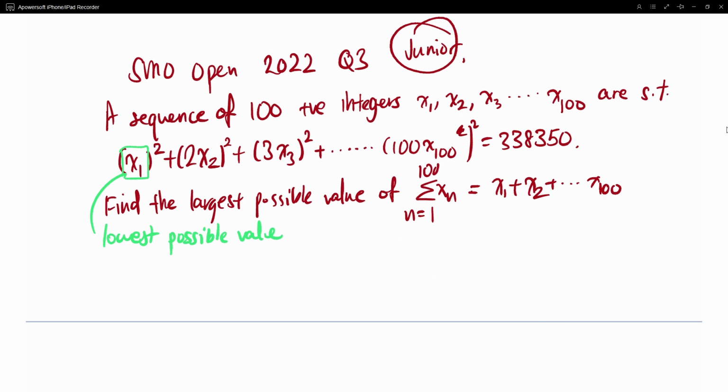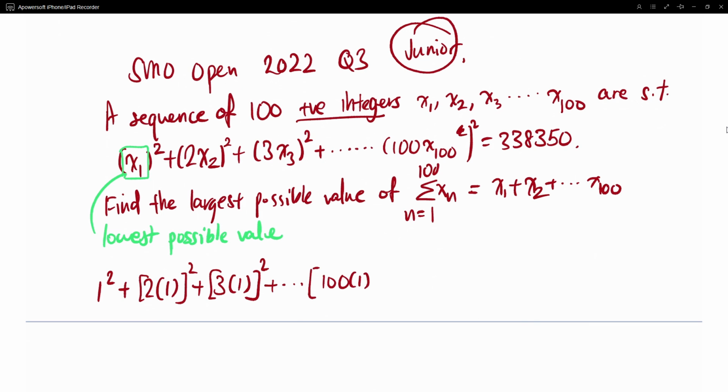Because all of them are positive integers, the lowest possible value they can get is 1, so why not let's sub in 1. So we get 1 squared plus 2 times 1 squared plus 3 times 1 squared all the way to 100 times 1 squared, which is simply 1 squared plus 2 squared plus 3 squared all the way to 100 squared.